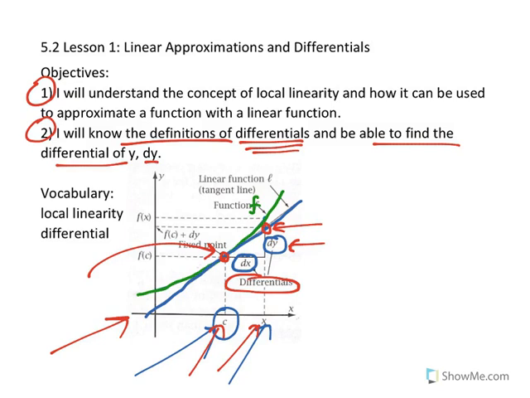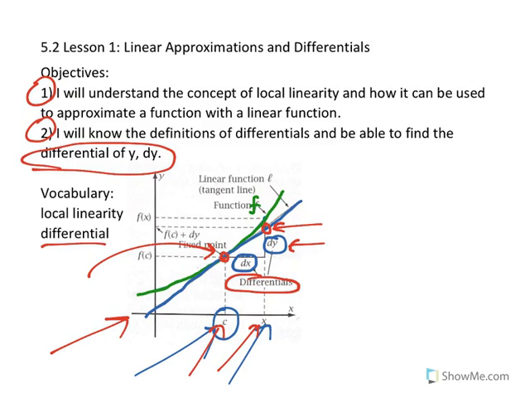These are called differentials. So you will know the definitions of differentials and be able to find the differential of y, dy. So how do we find the differential of y, dy? And vocabulary is differential.